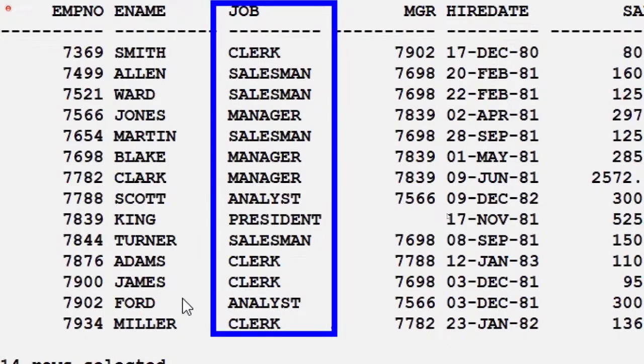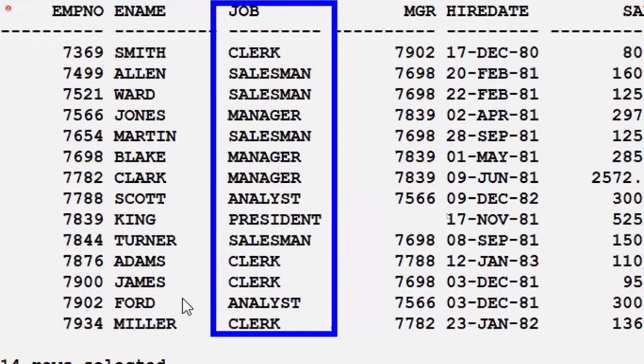Total 5 jobs. Who do I want to display? Who are not working under clerk and salesman. Then what is my output? My output is manager, analyst, president will come. Yes or no?